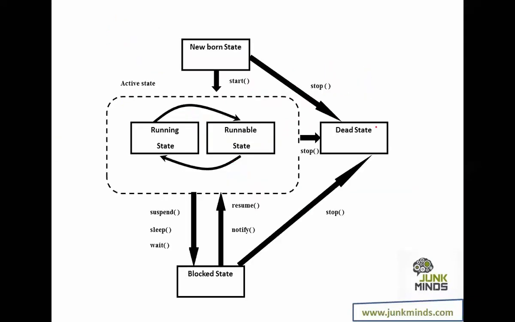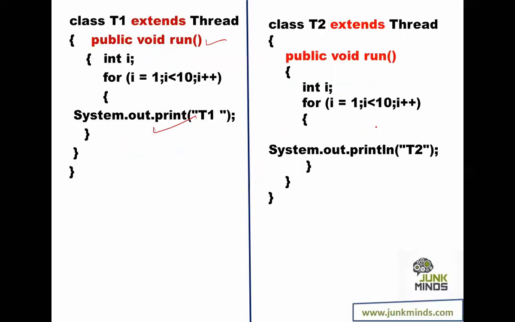So over here, what I've done is I've created this class T1 from class Thread. I've written this run method. I haven't created the object of class T1, so I haven't created a thread as yet. Now, similarly, because I want to discuss multi-threading and take up multiple threads, I've created another class T2. I can create any number of classes like this.